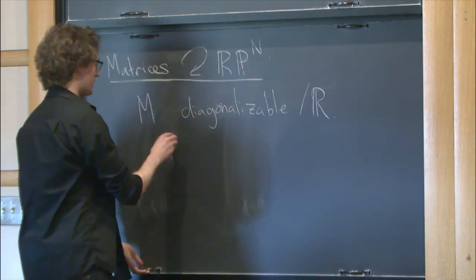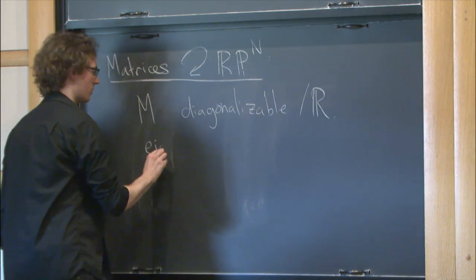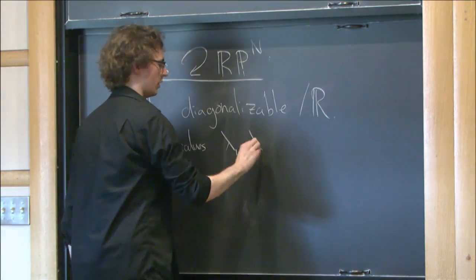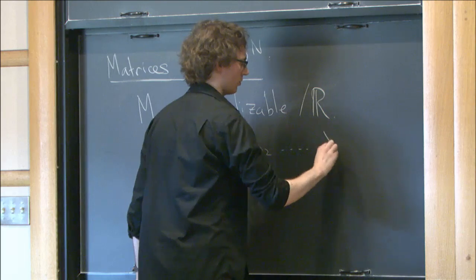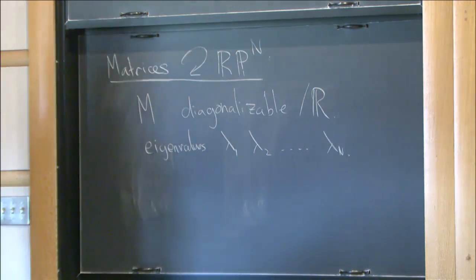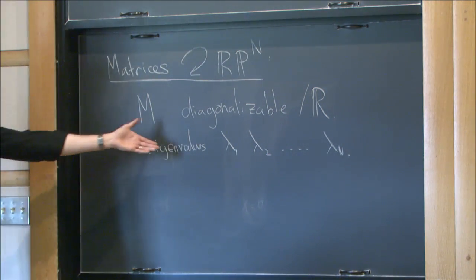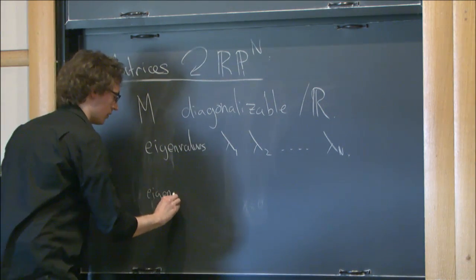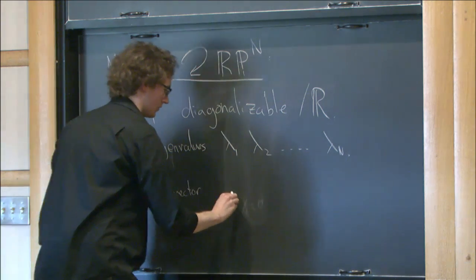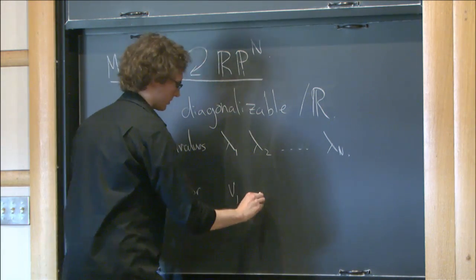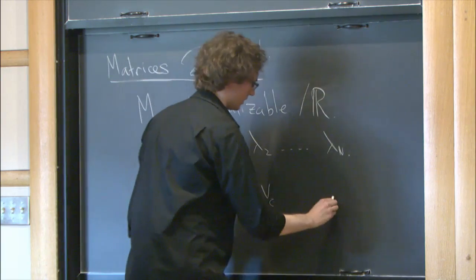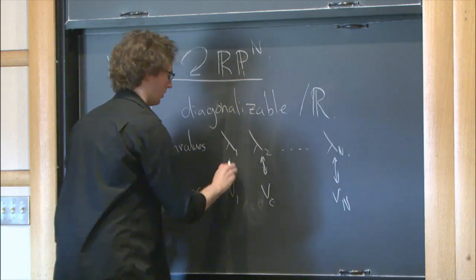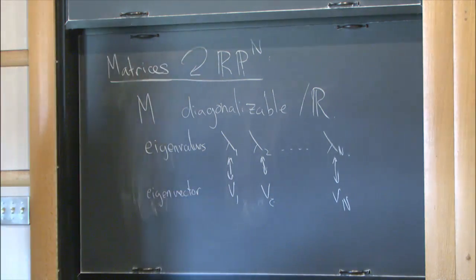So this matrix M is going to have eigenvalues lambda 1, lambda 2, up to lambda n. And associated to each one of these eigenvalues, I'm going to have an eigenvector. So lambda 1 is going to be associated to v1, lambda 2 to v2, and so on up to lambda n.